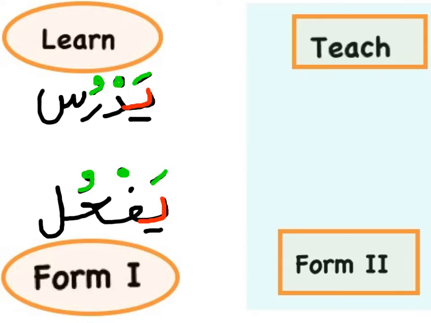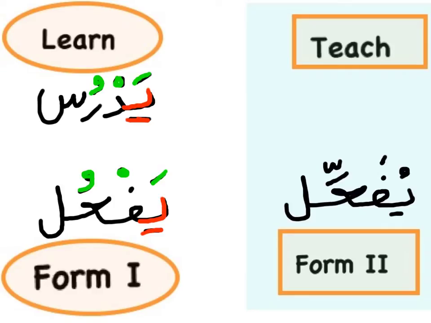If you want to go to form 2, the form is yufa'il. Let me just make this hamza clear for you. Dhamma. Yufa'il. So if I want to apply yufa'il to make it mean to teach, to change the actual meaning of the word, I'll have to choose another pattern, and it will be yudarris.